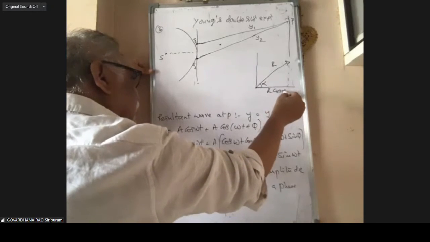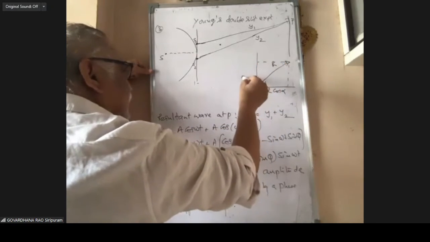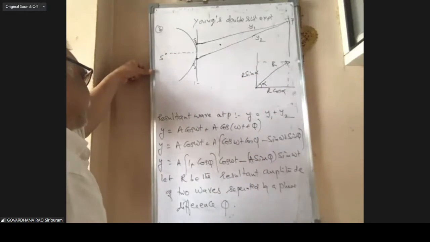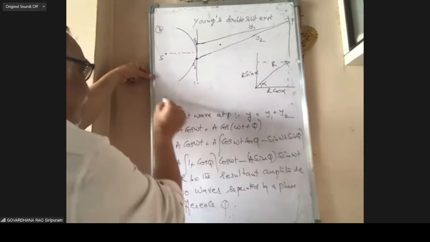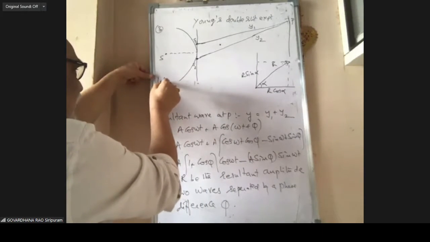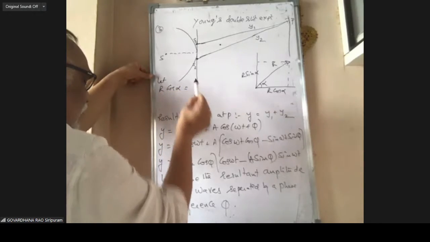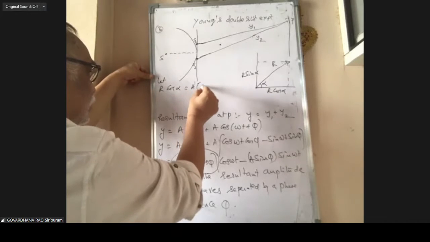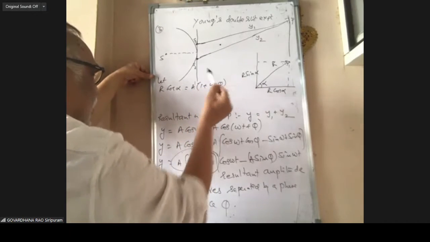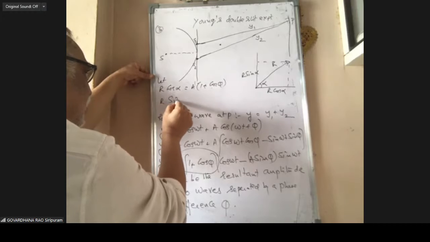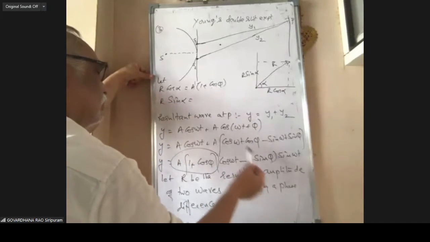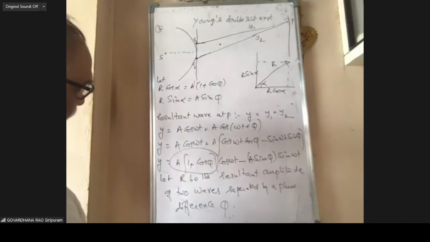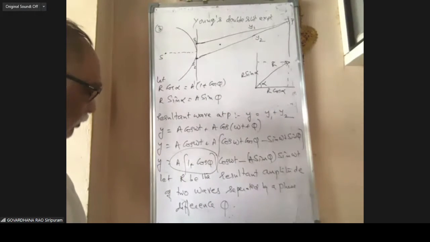This is R cos alpha, this is R sin alpha. So we assume R cos alpha equals A into 1 plus cos phi, and R sin alpha equals A sin phi. Okay.